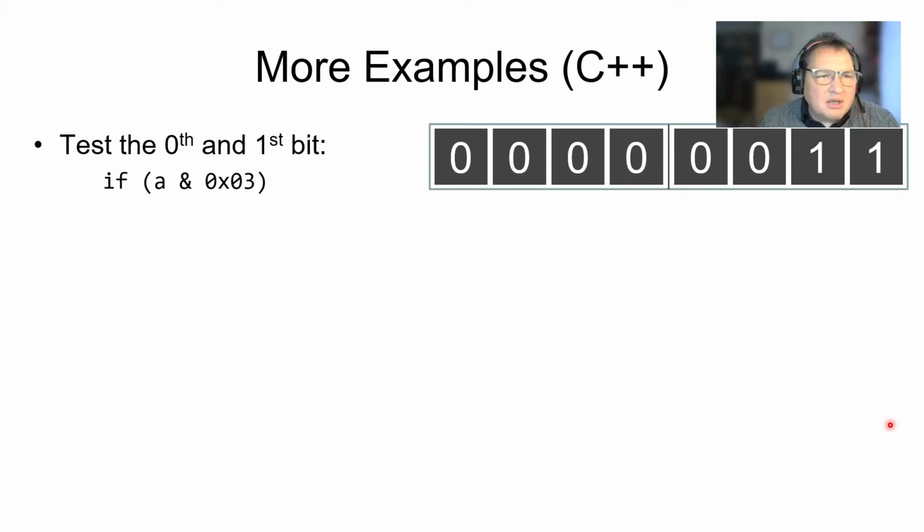Because this is the test of the 0th and the 1st bit, and the diagram on the right side of the screen shows the entire binary number. The point is that C++ does not accept binary notation in the source code. So you have to convert binary at least into hexadecimal code.